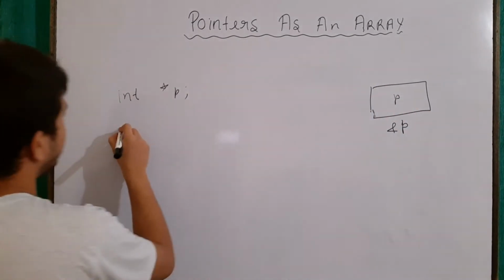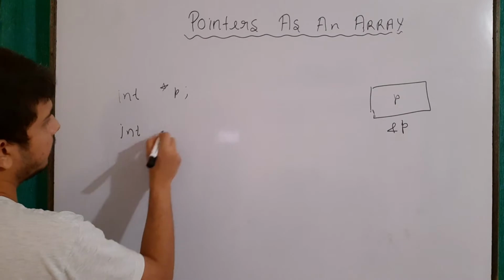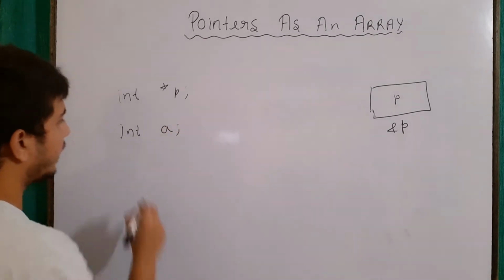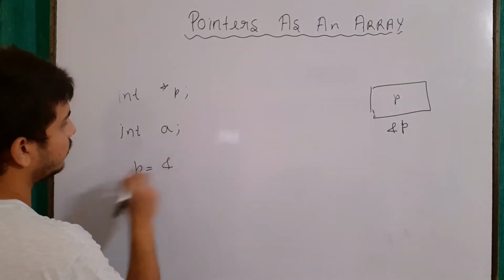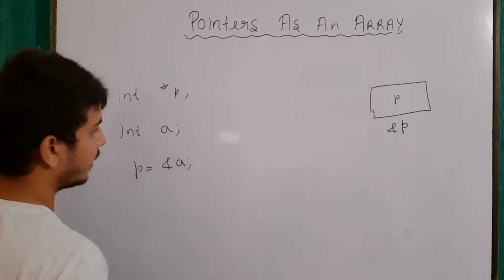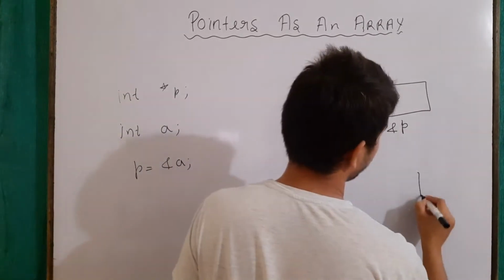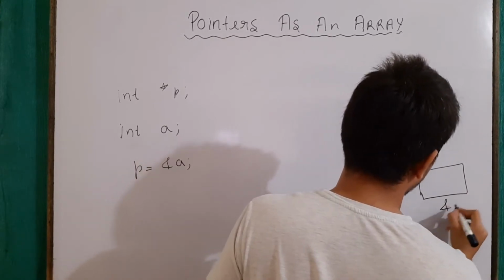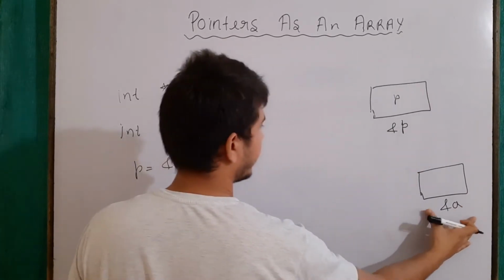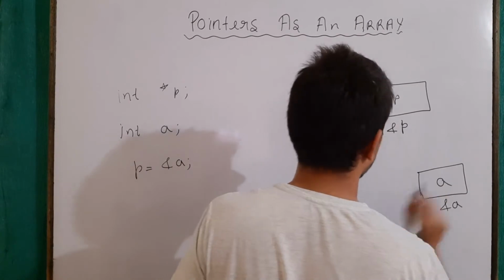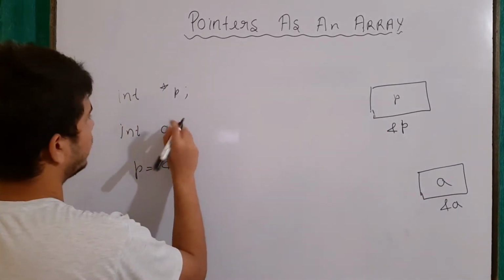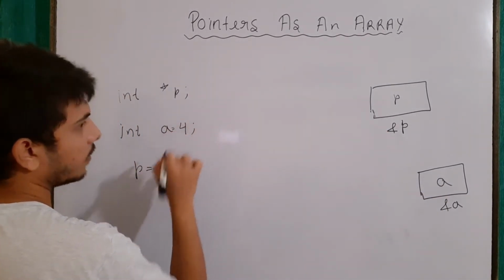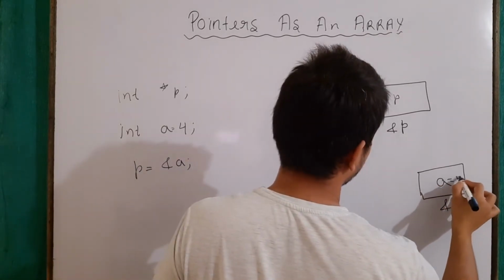Let's say there is also some normal variable a, and I had done something like p = &a. So now a is also given some memory location, a main address, and it will have some value. Let's say the value is 4, so a right now is 4.